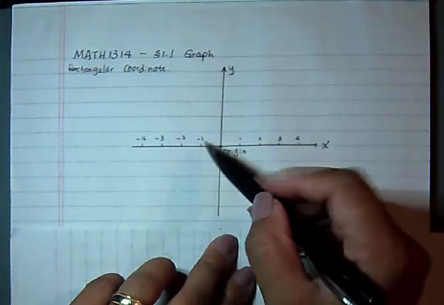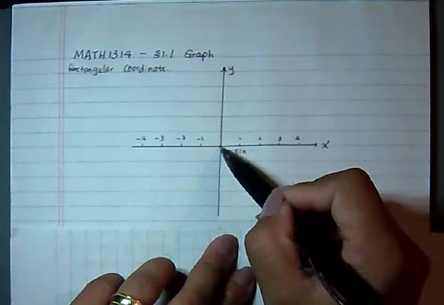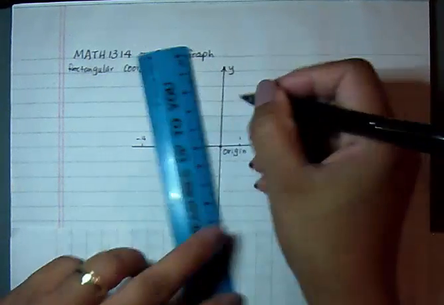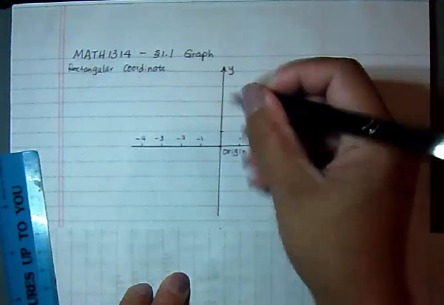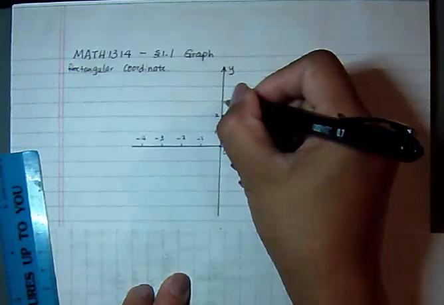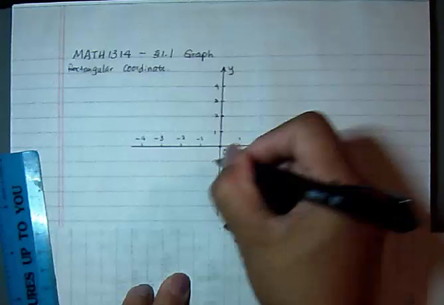Those are the distances from the origin, right? So 1 unit from the origin, 1 unit from the origin, but one is left, one is right. And for the y-axis, above 0 are positive, and below 0 are negative.